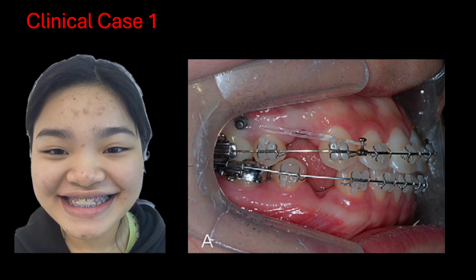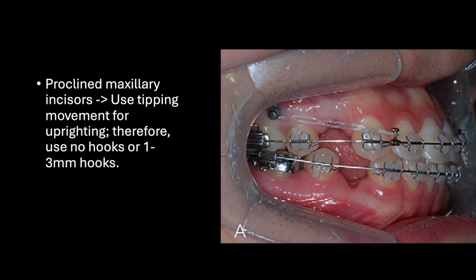We will examine a patient like this. Look at the upper incisors. We can see they are so proclined, and after the treatment we want to upright the upper incisors. So in this case we want to use tipping movement. That is the reason why we want to use a low hook.